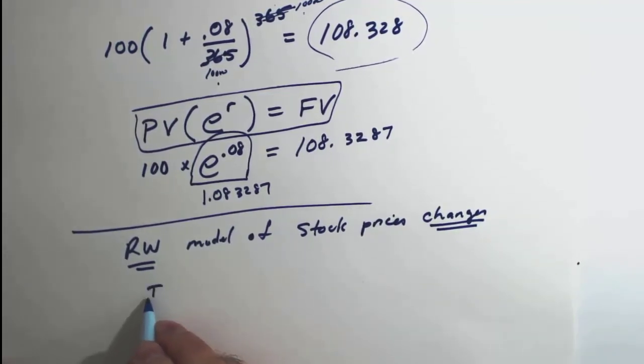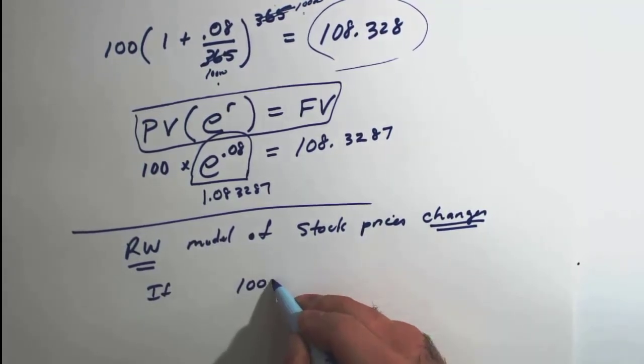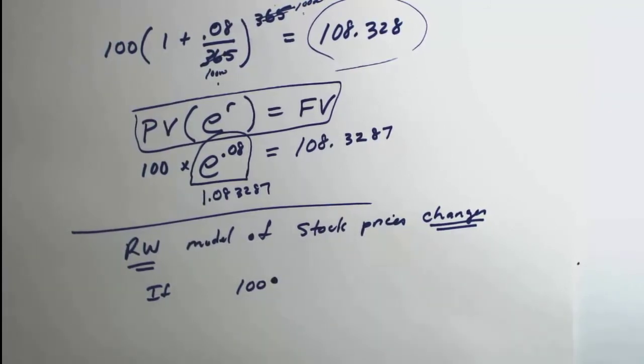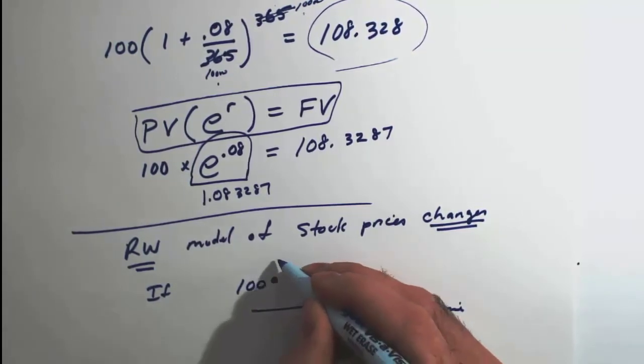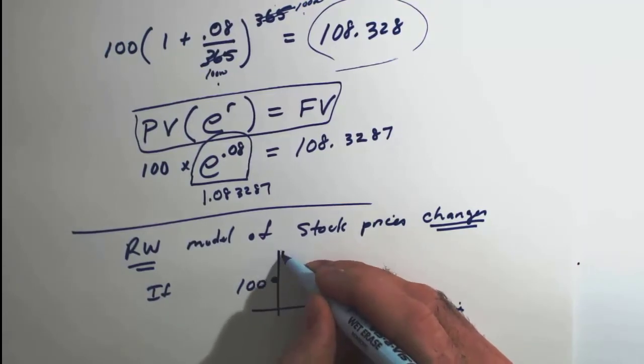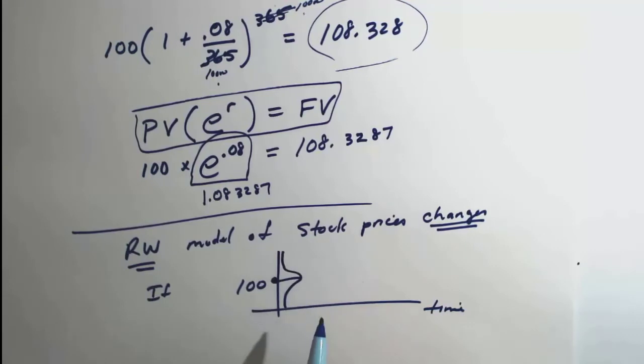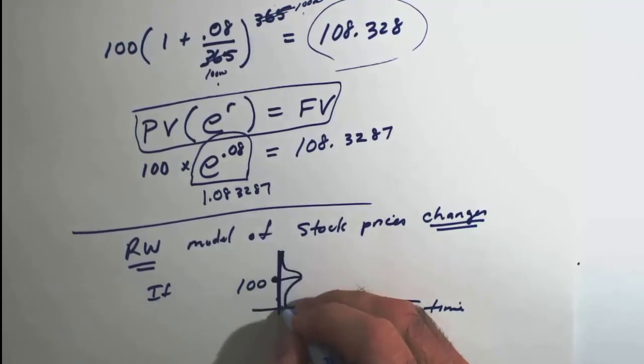So if we start at $100 stock price, S equals $100, and let's say it's right here graphically, then the change in the stock price over the next minute, so this is time on this axis, you can think of it as a normal distribution here. The change can be up or down, and it'll have varying magnitude. Most likely going to be a small change, but it could be a very large positive change. It could be a large negative change.